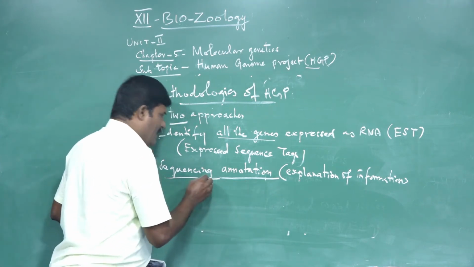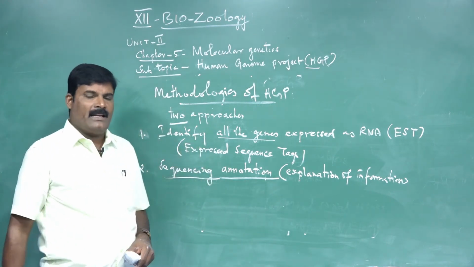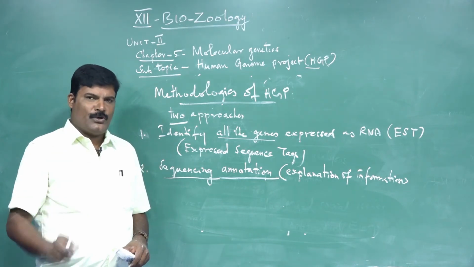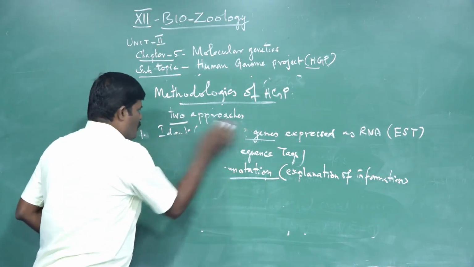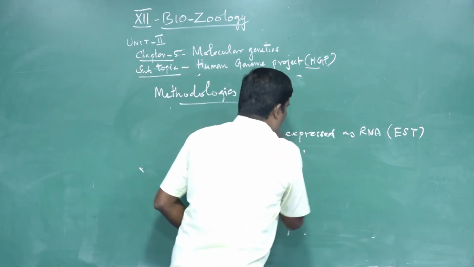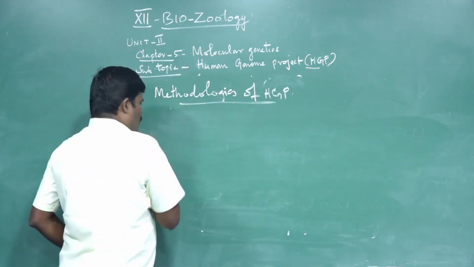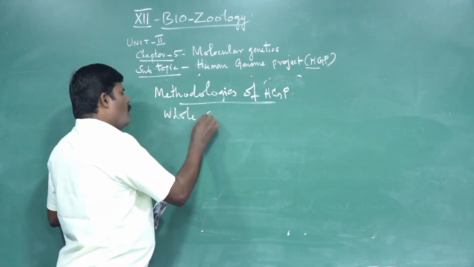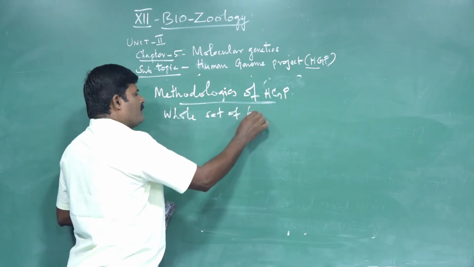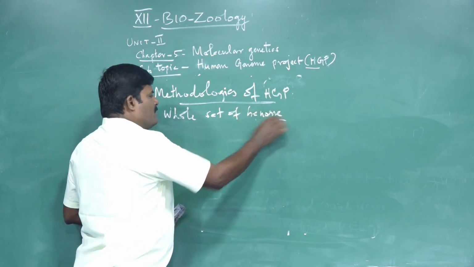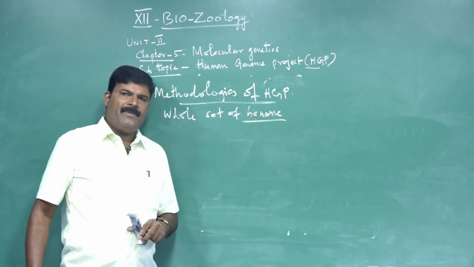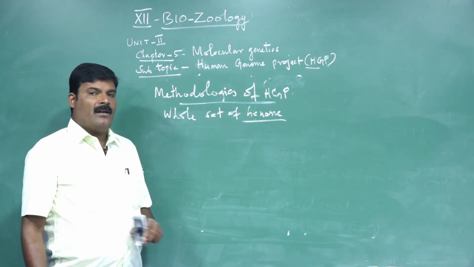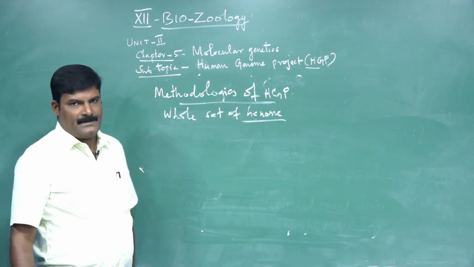The second approach goes into very great detail because it identifies the whole set of the genome, to isolate the whole set of genome and identify all the genes, including coding and non-coding genes.